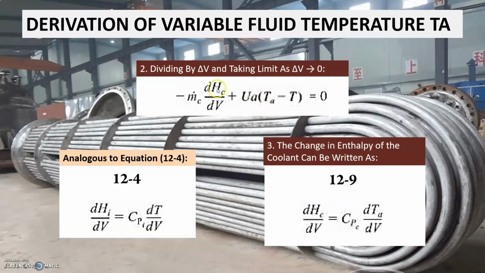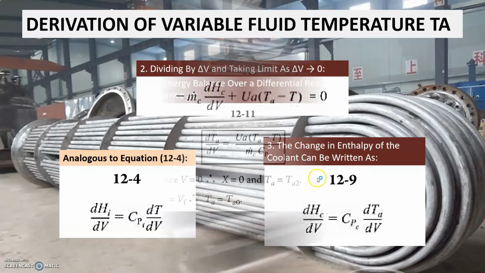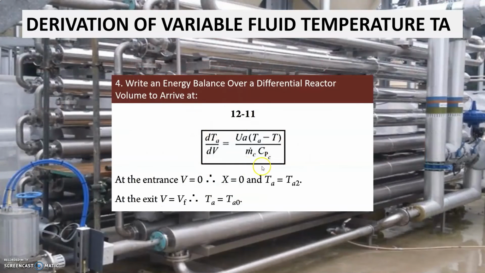So now from here we know that dHc over dV equals Cpc dTa over dV. So we can equate these two equations, and then at last we get this equation as our energy balance.